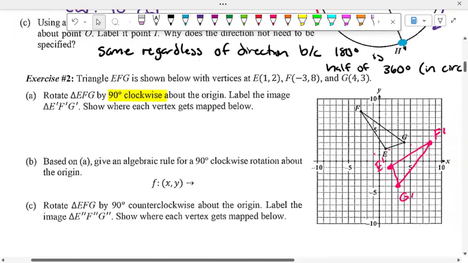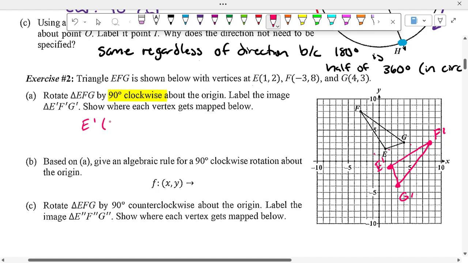Okay, so the new points are E prime is at 2, -1. F prime is at 8, 3.